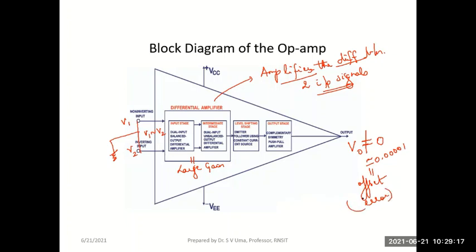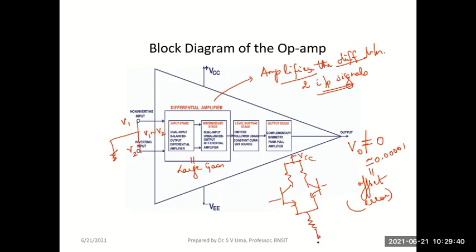It is an error, and that happens because of the mismatch between 2 transistors which we use in a differential amplifier. A differential amplifier will use 2 transistors connected like this. Okay, this is how a differential amplifier is designed normally.